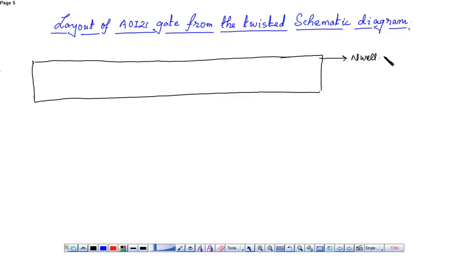Then you have the P diffusion layer. P diffusion layer is brown in color.